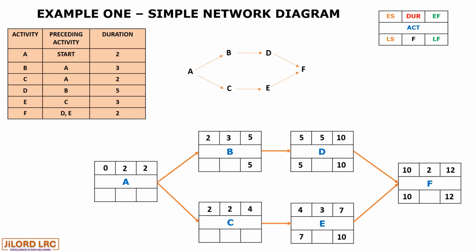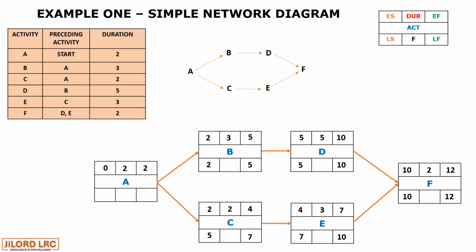So for activity B, 5, which is the latest start value of D, becomes the latest finish of B. And 2 becomes the latest start of activity B, because 3, which is the duration, is taken out from the latest finish value of activity B. For activity C, 7 becomes its latest finish, and 5 becomes its latest start, because the duration has to be taken away from 7 in order to get 5.